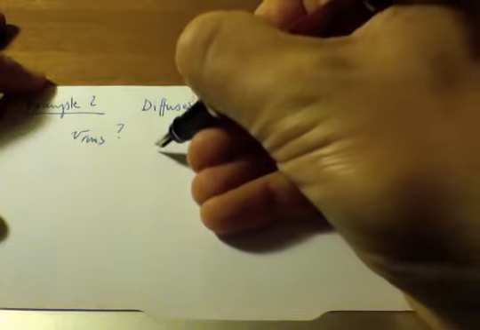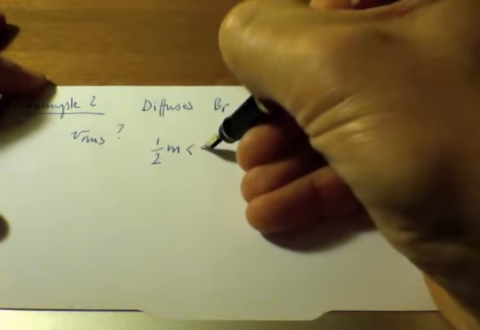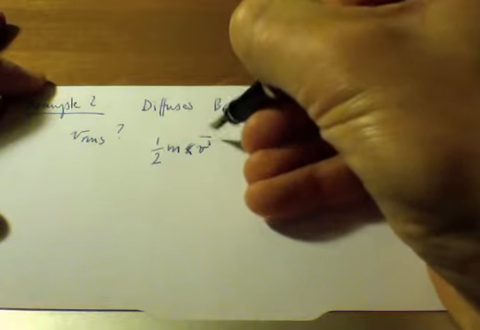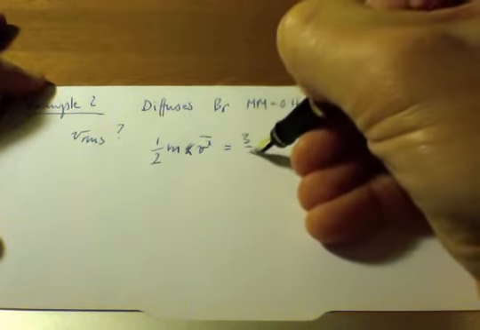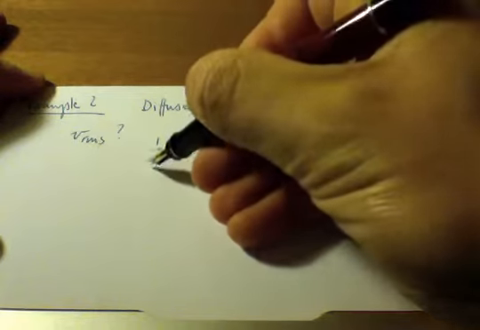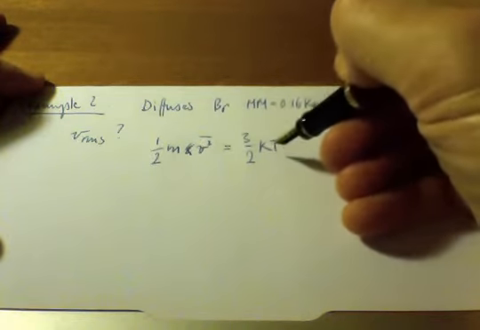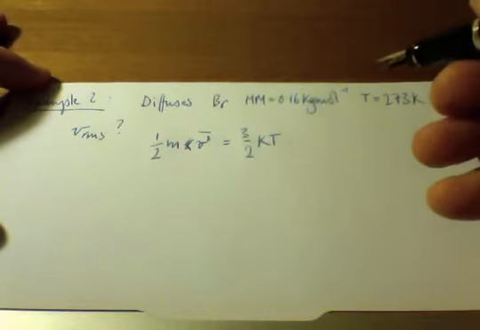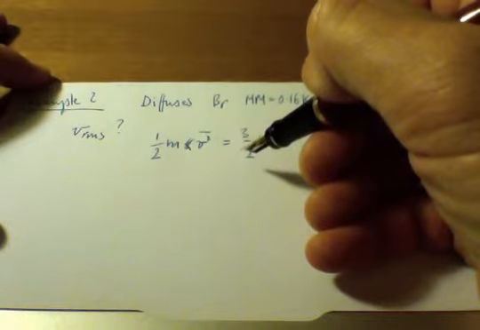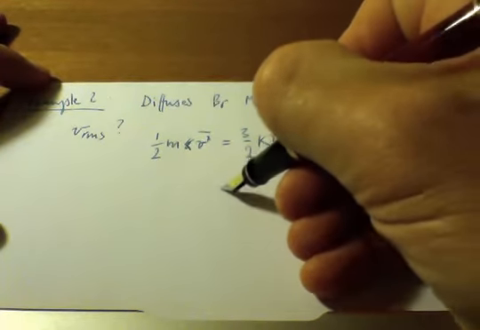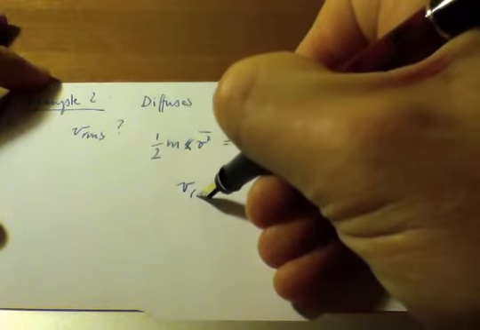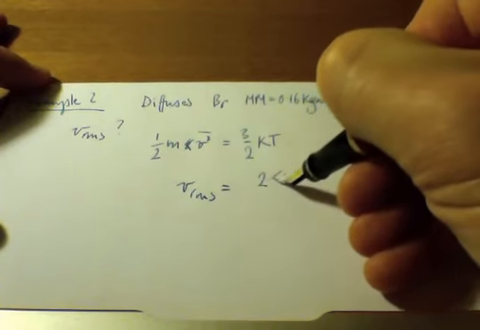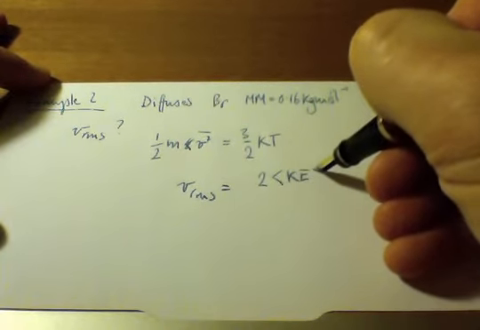So we go from very much the same stance as we did before. We know that the kinetic energy, which is a half mv squared, is 3/2 kT, and we would then say my VRMS is going to be 2 lots of the kinetic energy divided by m, and square root the entire thing.